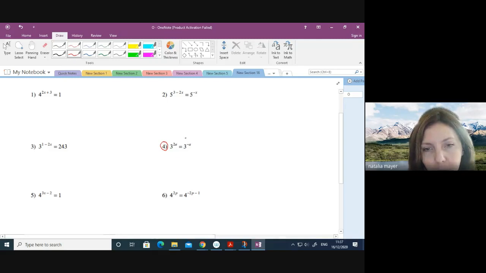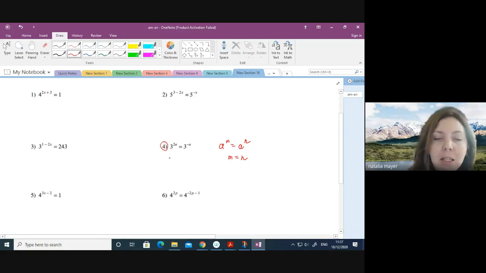The second thing which we are going to check is whether the base is the same or not. As you can see, the base is the same here. And once the base is the same, we know that if a to the power of m is equal to a to the power of n, that means that m is equal to n. We say drop the base and equate the exponents.